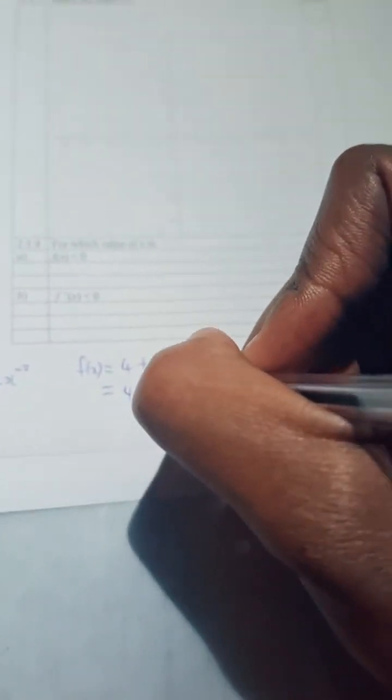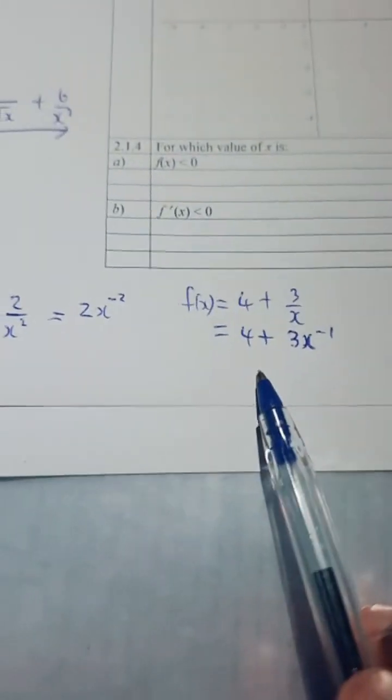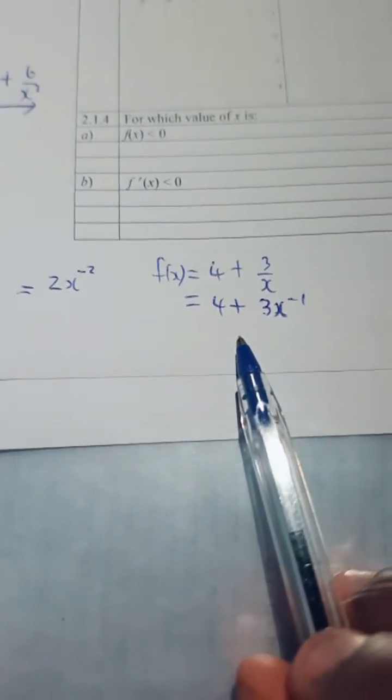So then that means we're going to write 4 plus 3x to the power negative 1. Very good, Samantha. Because remember, the x goes up to the numerator, joins the 3. But then it is a variable with a negative exponent the minute it changes position from denominator to numerator.